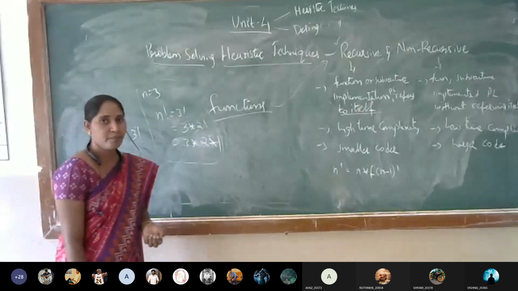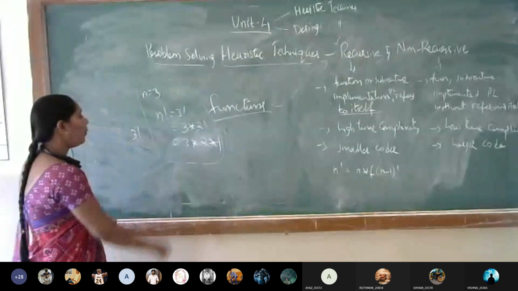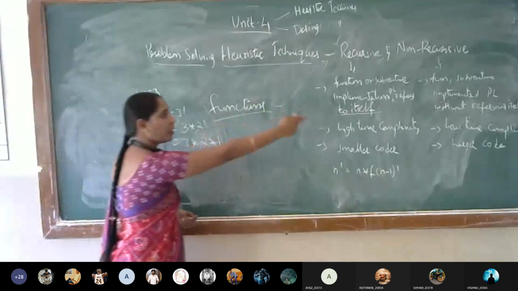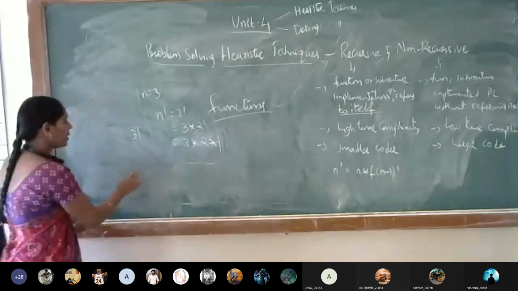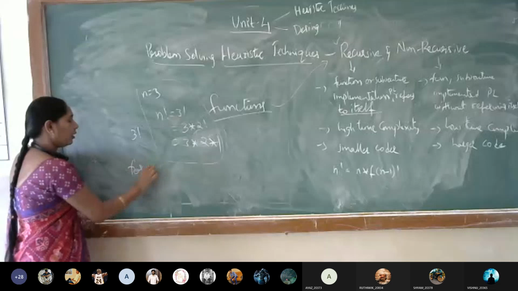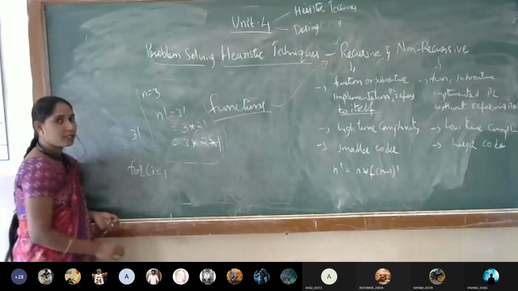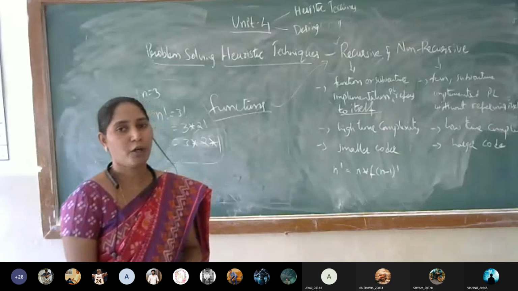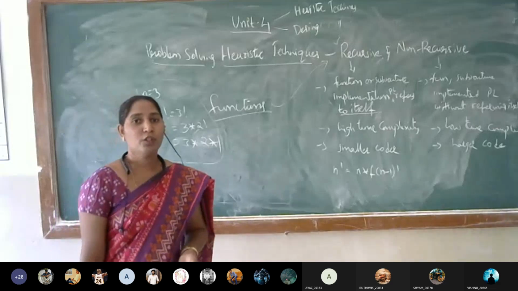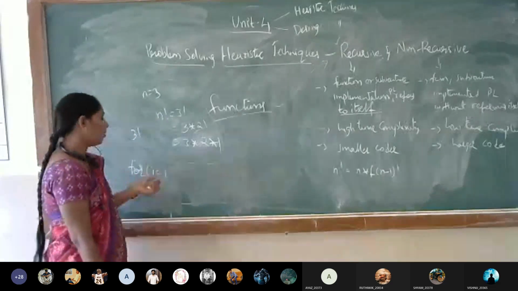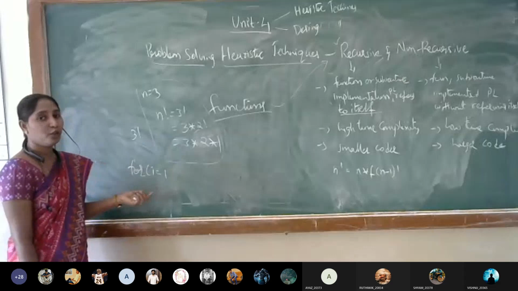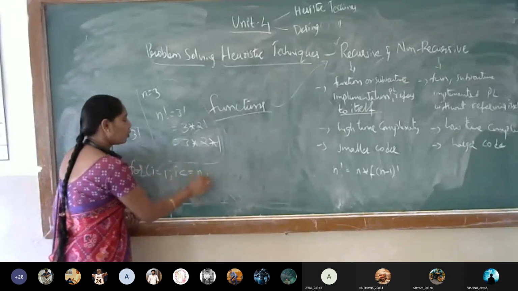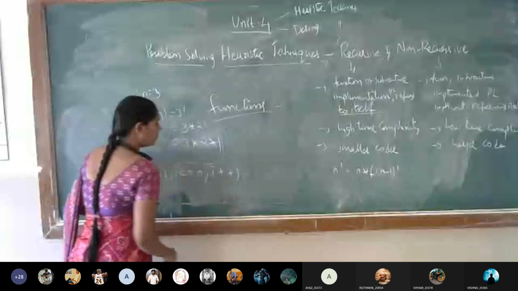I will make use of this in a for loop in the non-recursive mechanism. That means for i equals 1. You should not start with 0, because 0 into anything is 0 only. So i is equal to 1, for i equals 1, i less than or equal to n, i plus plus.